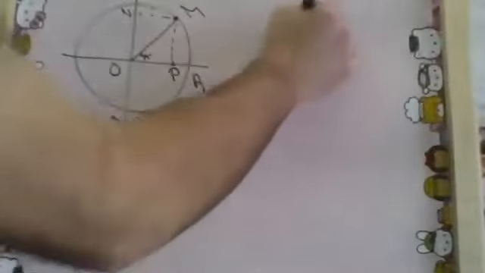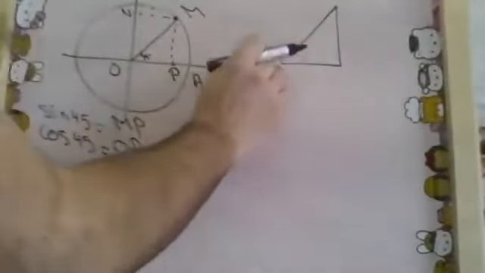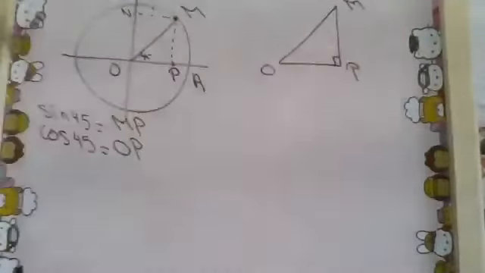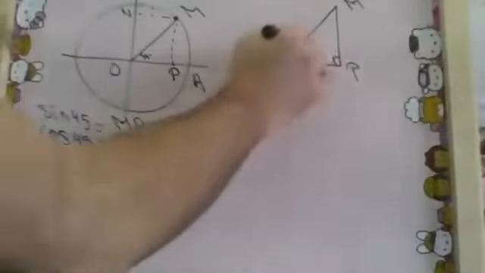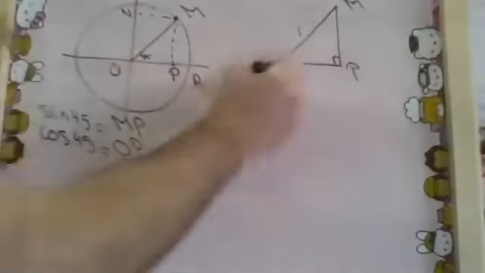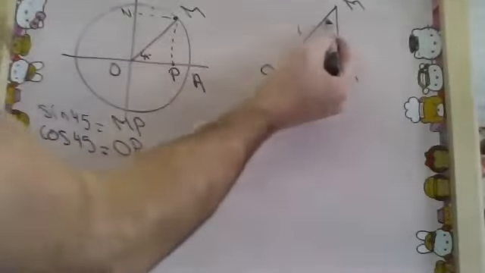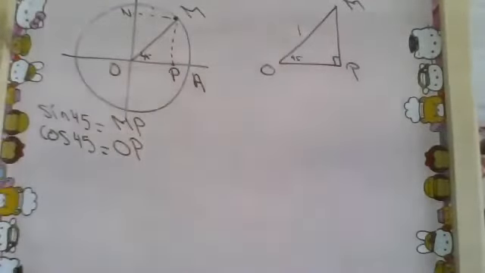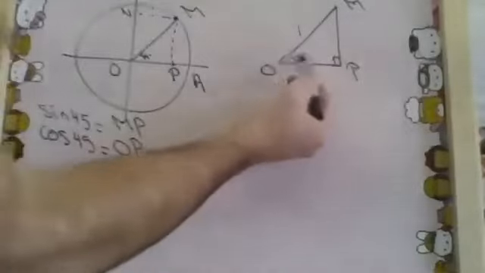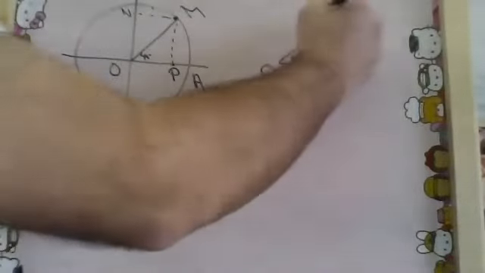Now, triangle OPM, right triangle. Hypotenuse is 1. This angle is 45, so this angle is also 45. 45, 90, 180 minus the sum, so I get 45.